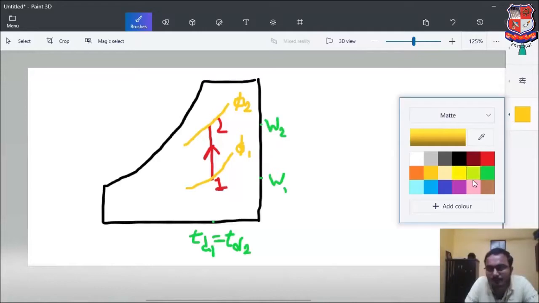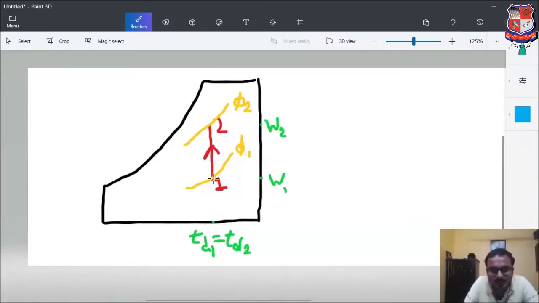At the same time, we can see that the enthalpy has also increased, which is purely due to the latent heat of added water vapor. Okay, so this is the figure for the humidification process.